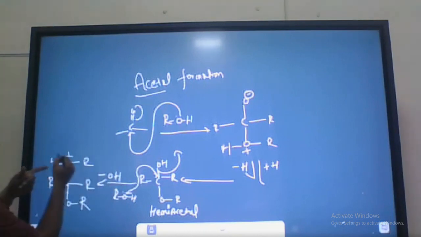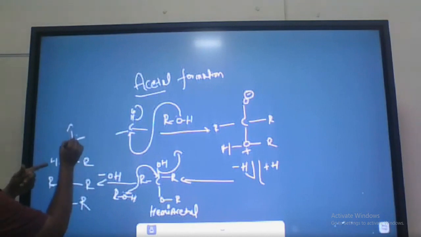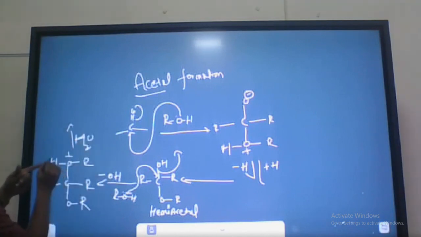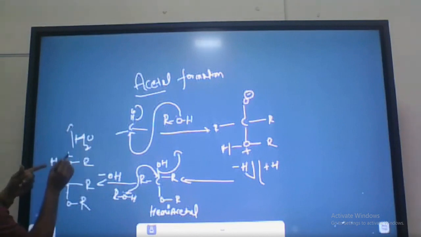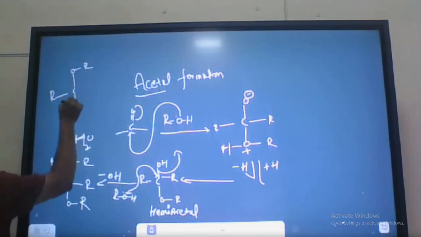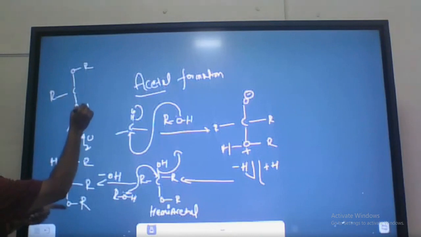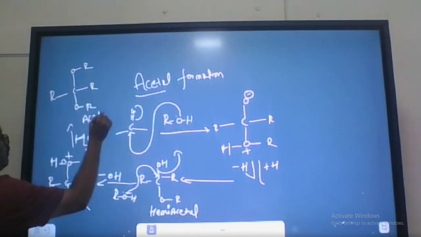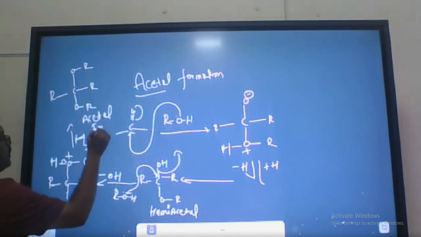This minus OH takes one H and becomes water. We take this proton here and this becomes positive charge. It neutralizes the positive charge, and now finally this is OR and this is OR and this is R. This is acetal formation.